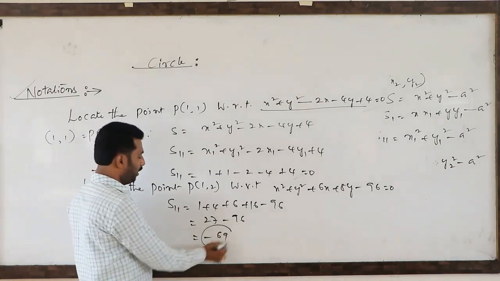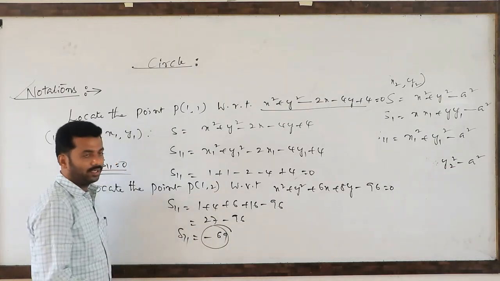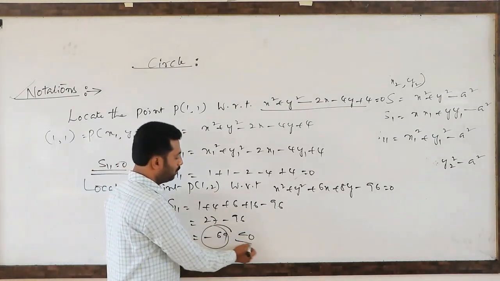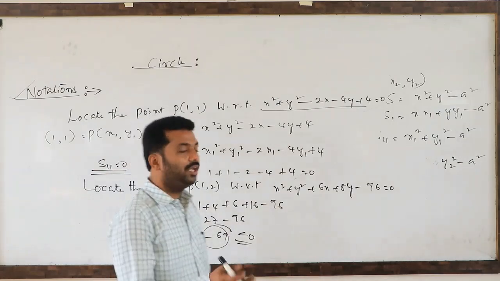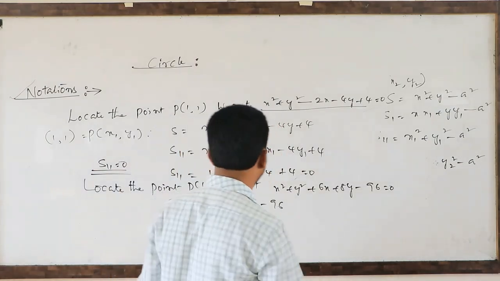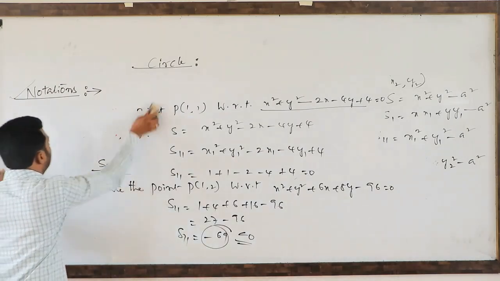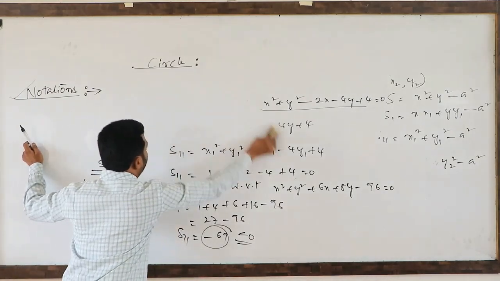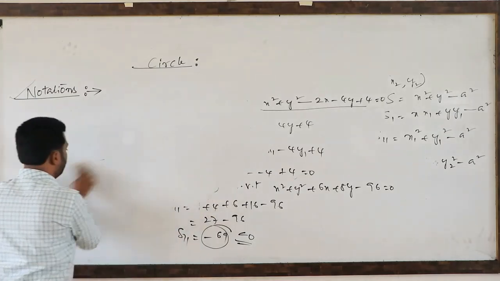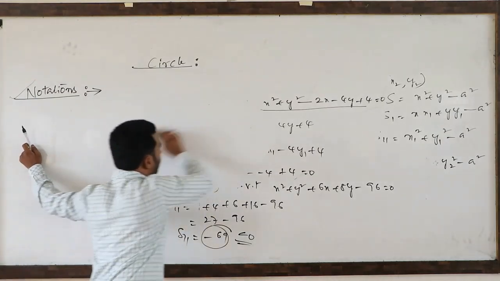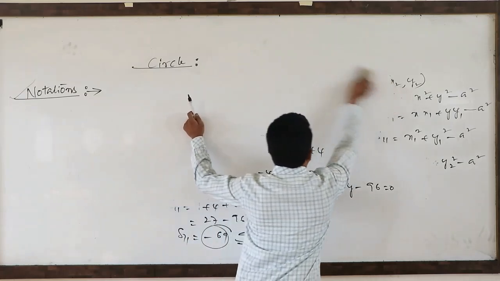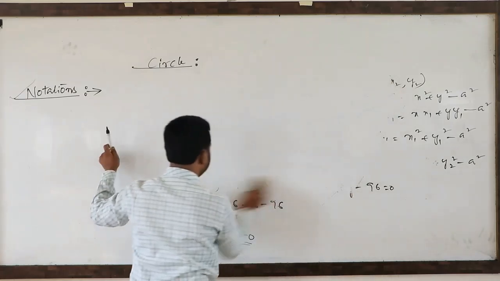So minus 69 means S11 is negative. S11 negative means completely inside the circle. The point lies completely inside the circle. So this is the location of a point with respect to one circle, whether it is inside, on the circle, or outside the circle.